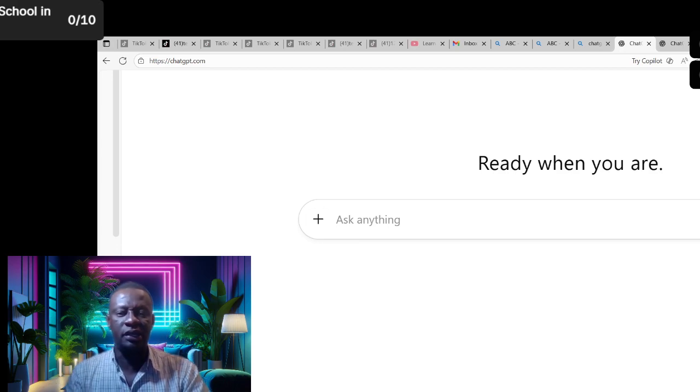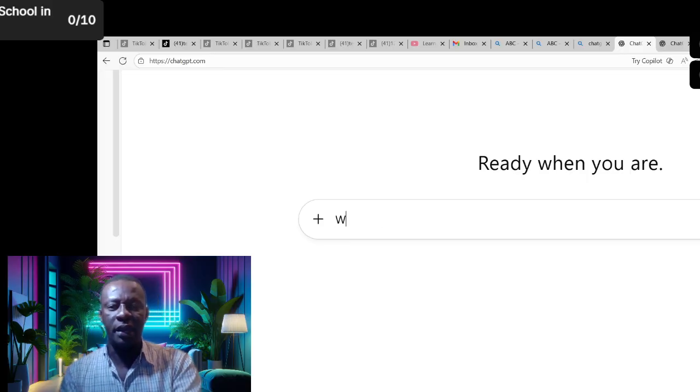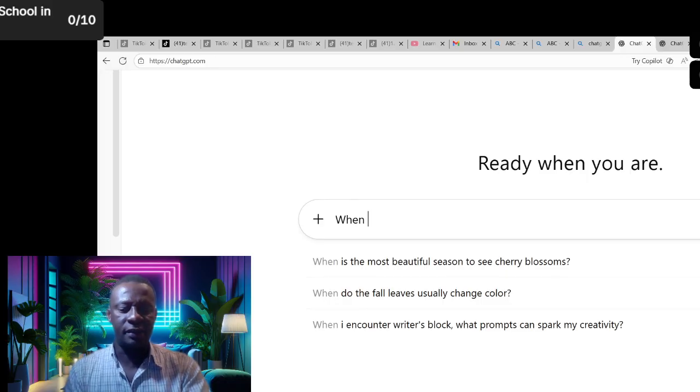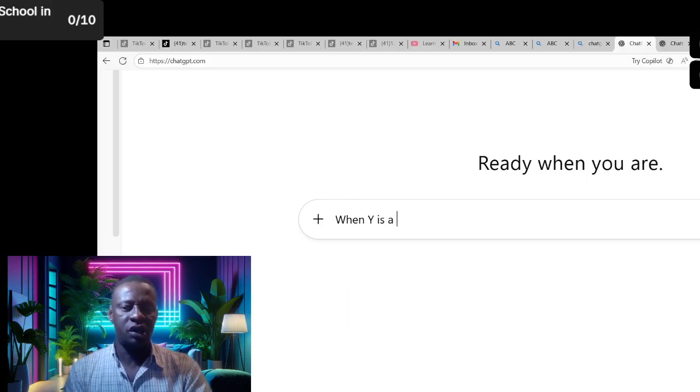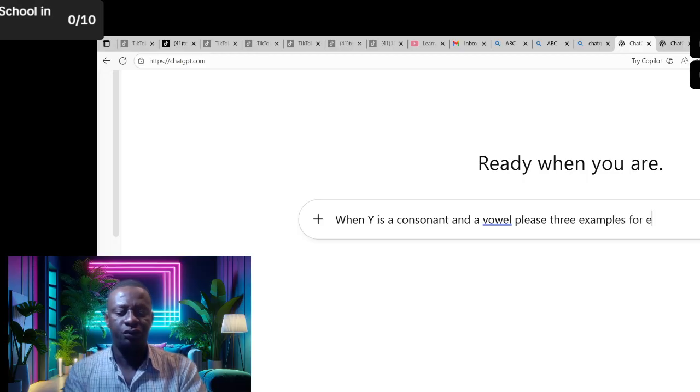Let's write: when Y is a consonant and when Y is a vowel, and let's ask it to share three examples for each case.